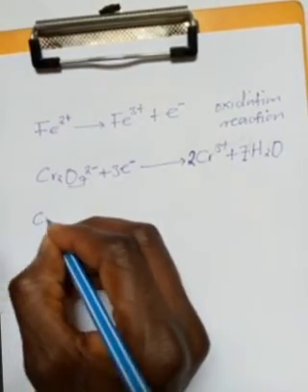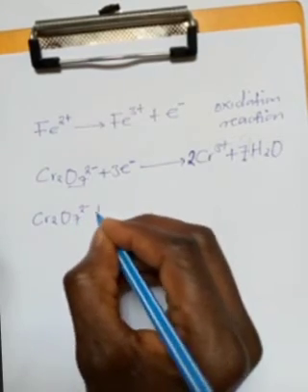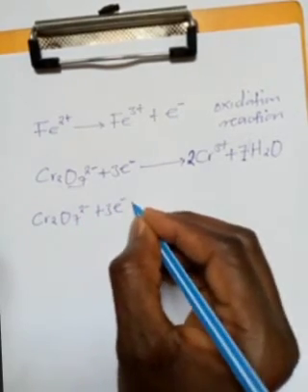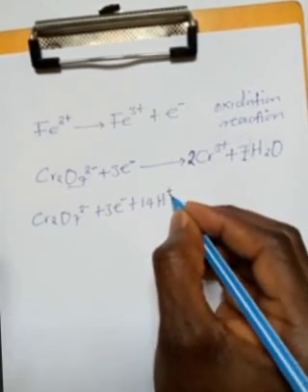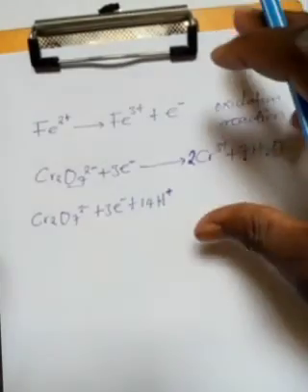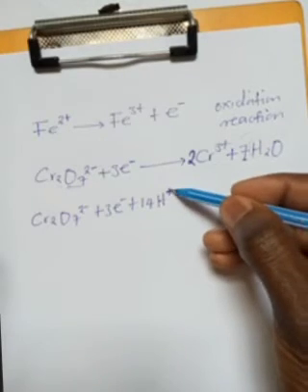You're going to write it like this: plus 3 electrons plus 14 hydrogen ions. Why do we add hydrogen ions? Because we're balancing in acidic media. Remember the definition for an acid: a substance which, when dissolved in water, comes out with hydrogen as the only positively charged ions.